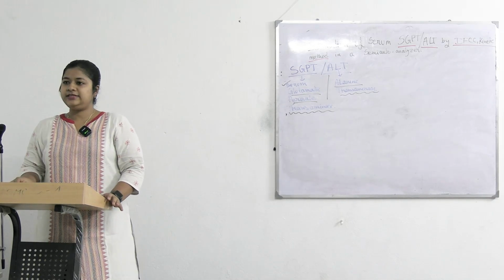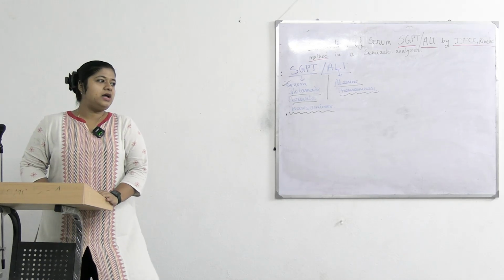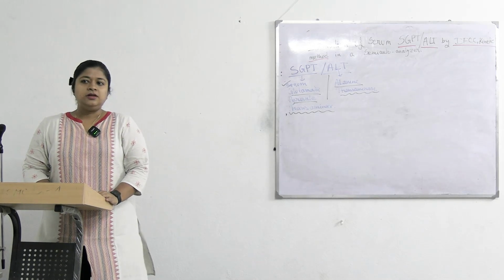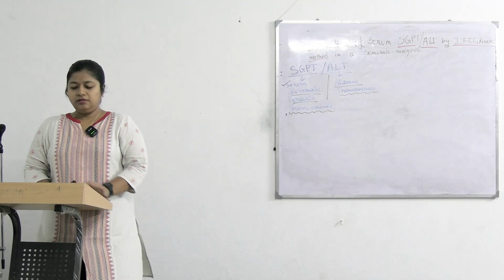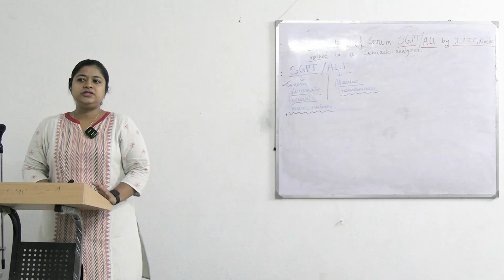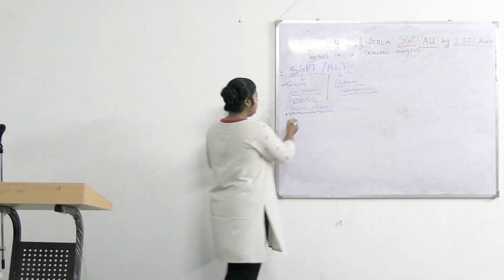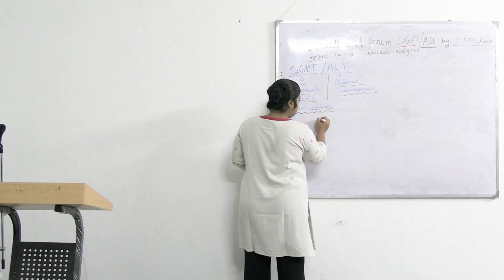So the role of this enzyme is to facilitate the transamination reaction. Transamination reaction you have been taught in amino acid metabolism. So it helps in transfer of amino group.